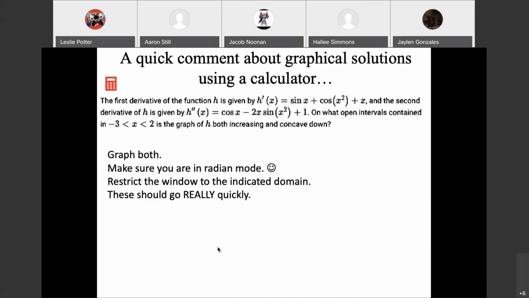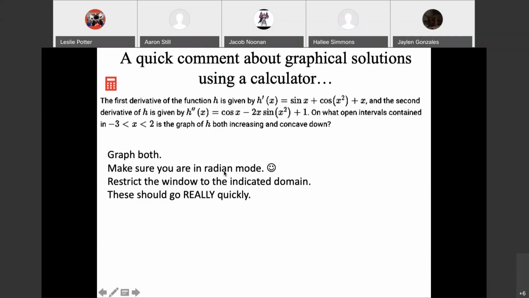Okay, just a quick comment. This is a question out of your topic questions today. And I want to do a quick comment really specifically about calculator type questions. When they give you a calculator type question, they don't want you to do any calculus. They want you to do it all on your calculator.